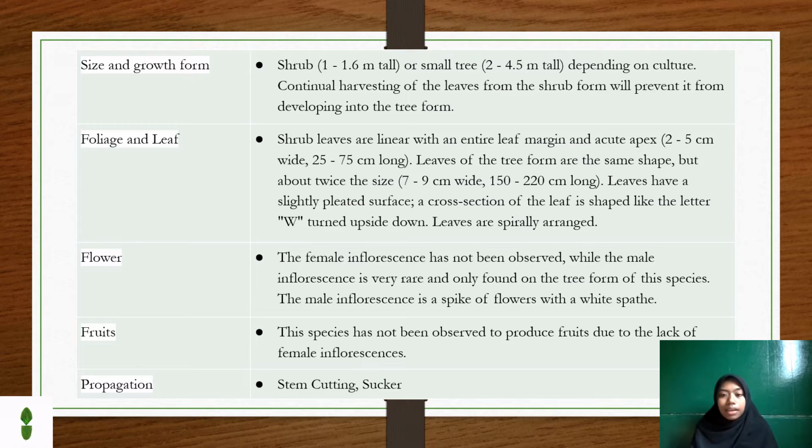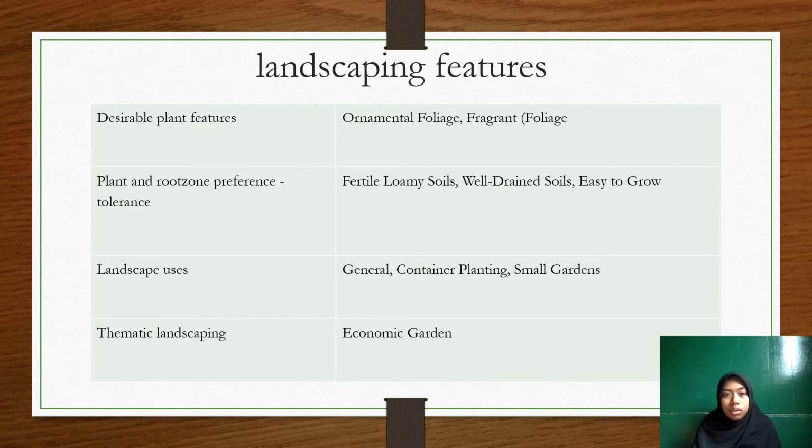And on this slide is the landscape feature of the pandan plant. The desirable plant feature is ornamental foliage and fragrant foliage, and the plant and root zone preference tolerance is fertile loamy soil, well-drained soil, and easy to grow. And landscape uses is general, container planting, small gardens, and thematic landscaping is economic garden.